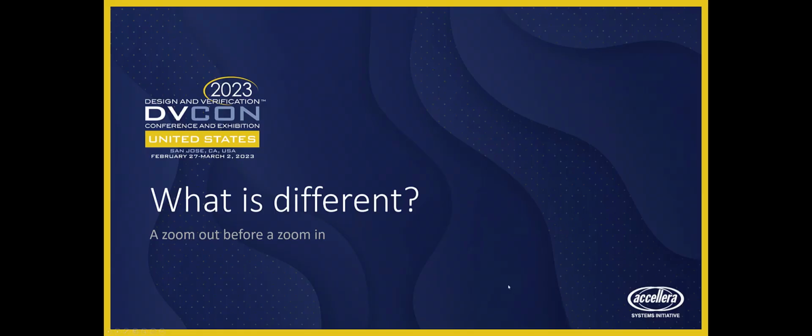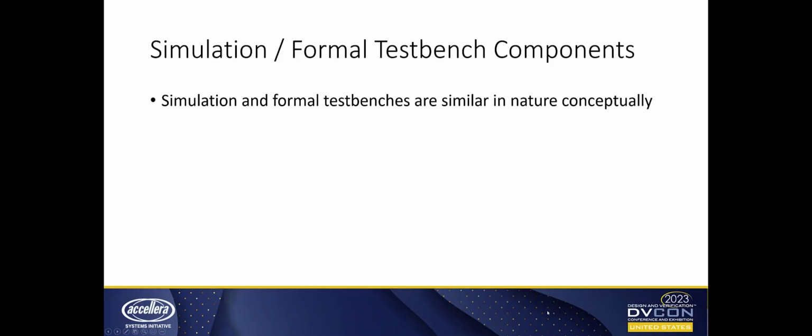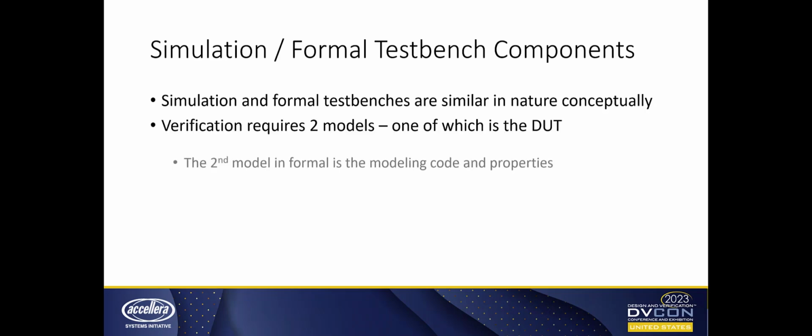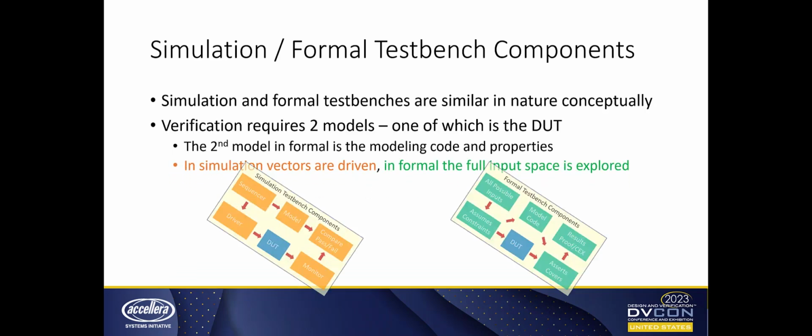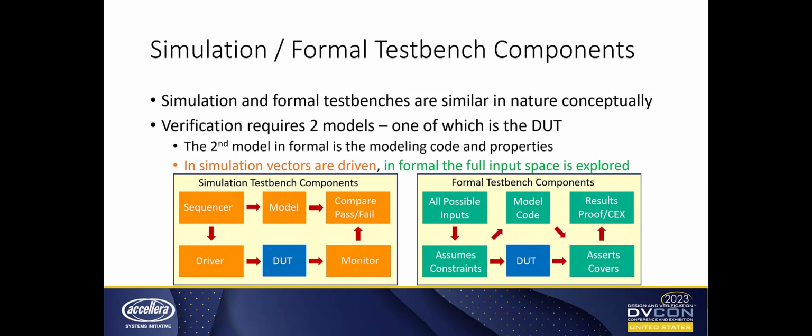Most design and verification engineers are familiar with simulation test benches. So let's take a quick look at some of the commonalities and differences between a formal test bench and a simulation test bench. From a conceptual perspective, simulation test benches and formal test benches are very similar. With any verification, you require two models. You're comparing two models to see if they're equivalent.